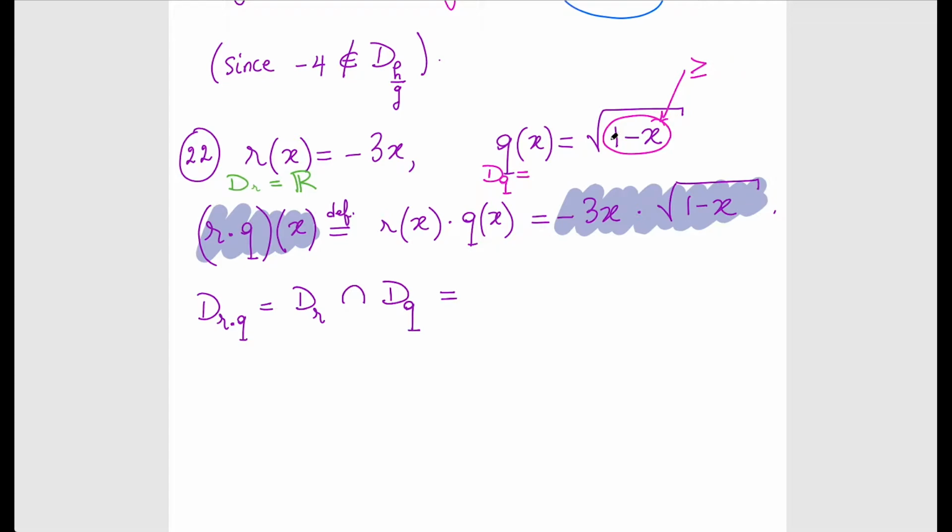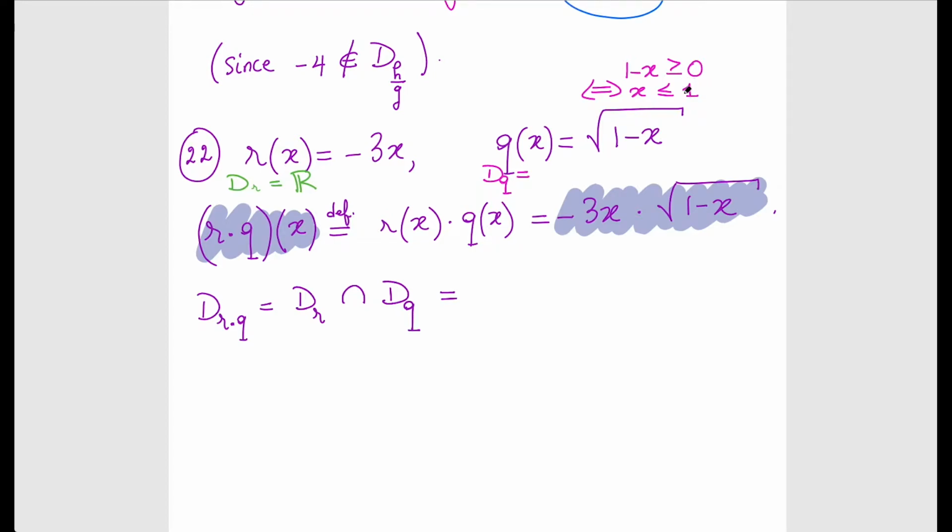Okay. And what does it mean for this to be non-negative? When does this stay at or above 0? For which x? This means x should be less than or equal to 1, right?